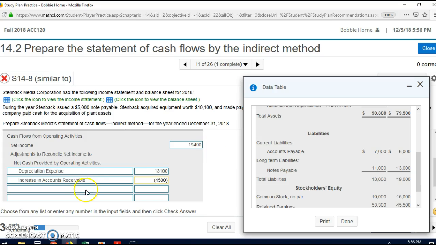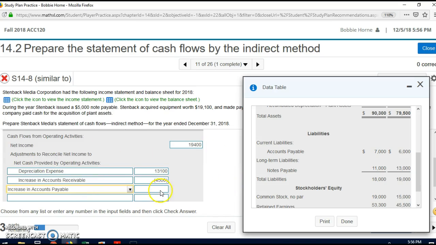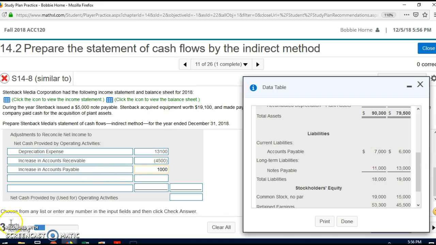Liabilities went up. So we have an increase in accounts payable of $1,000, and increase means increase when it's a current liability. If you say $13,100 minus $4,500 plus $1,000, you should get $9,600.